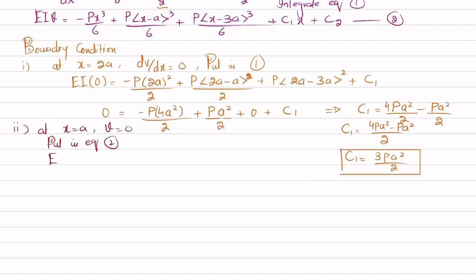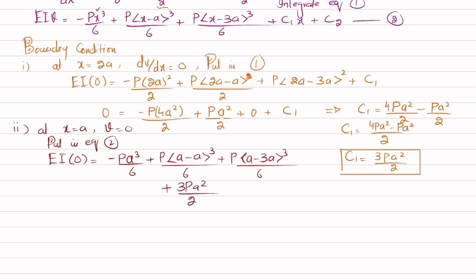So EI into V, which is equal to 0, is equal to minus P, x replaced with a, so P a cube over 6, plus P into a minus a, which will be 0, plus P into a minus 3a whole cube over 6, plus C1, which is 3P a square over 2, into x replaced with a, plus C2.